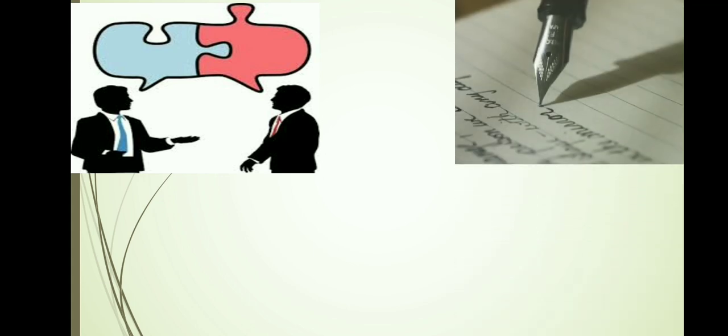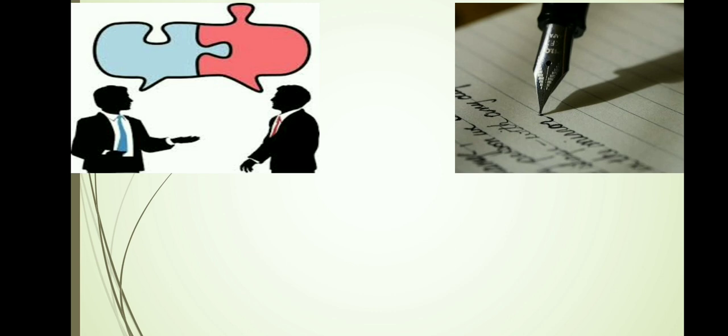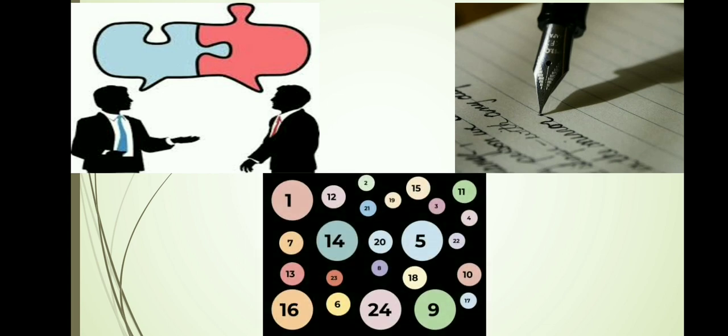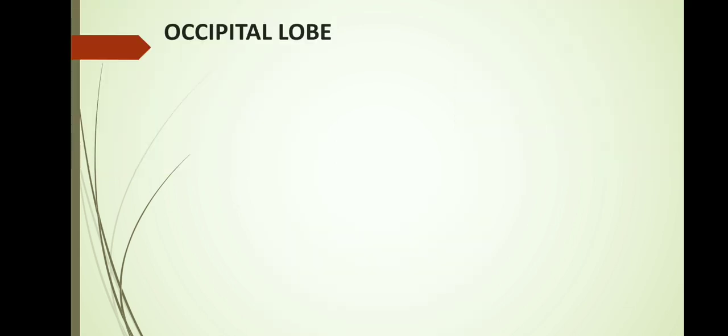This lobe is also associated with your writing skills and with the knowledge of numbers. So if you are able to solve math problems really well, then this lobe of yours is functioning very well.